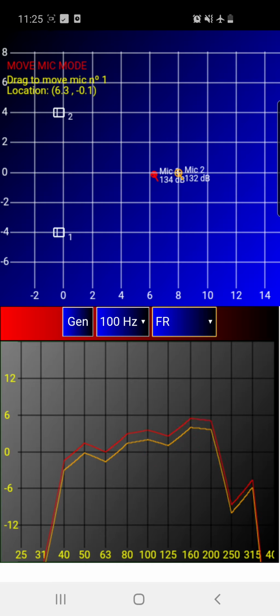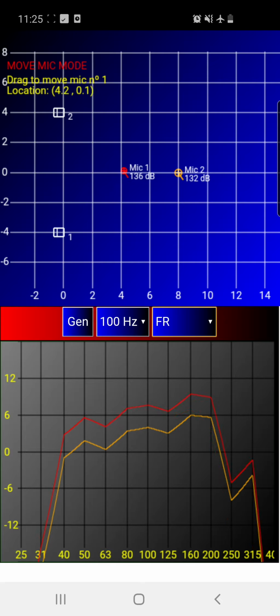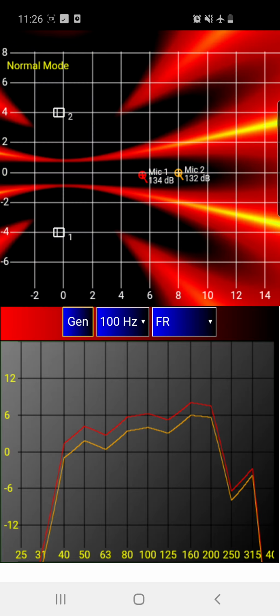We will see a very even gain on the frequency response, very similar to what we have on microphone number 2. Okay, so the problem with this kind of sub configuration is the dips, the cancellations, the resultant comb filtering.